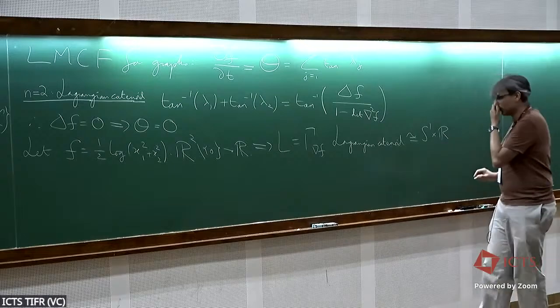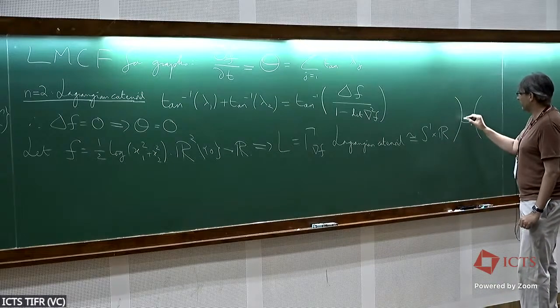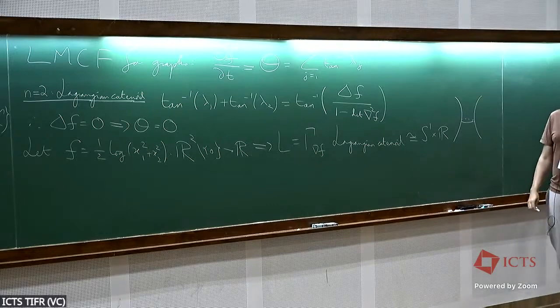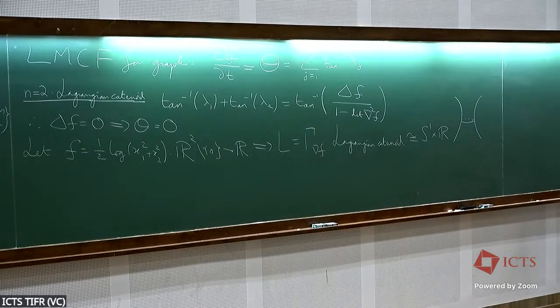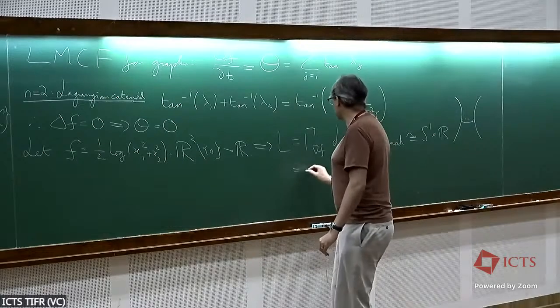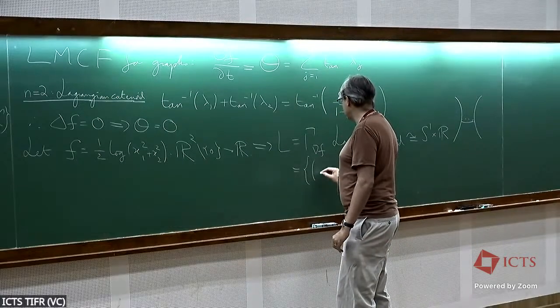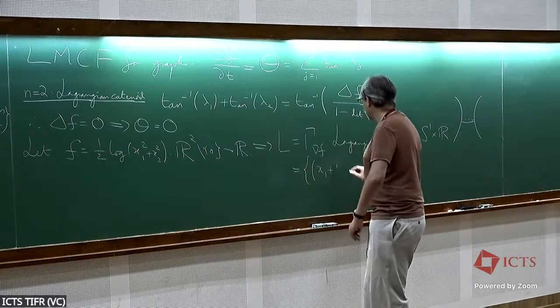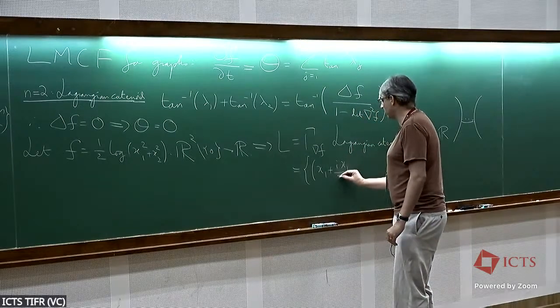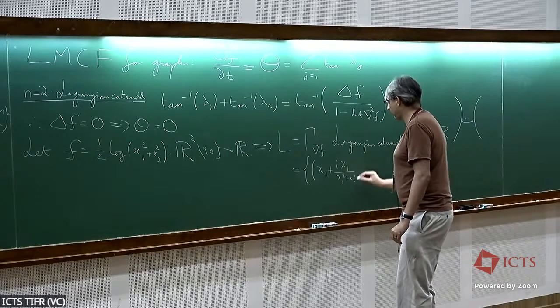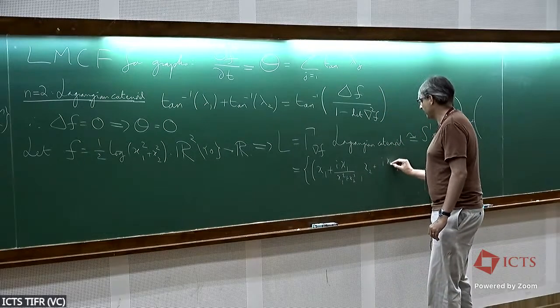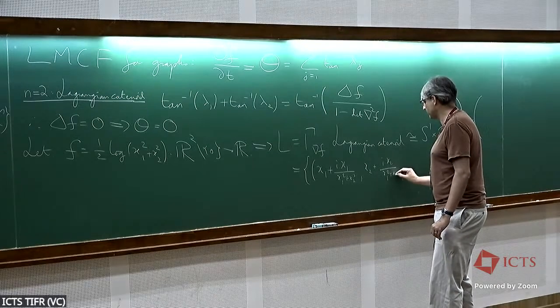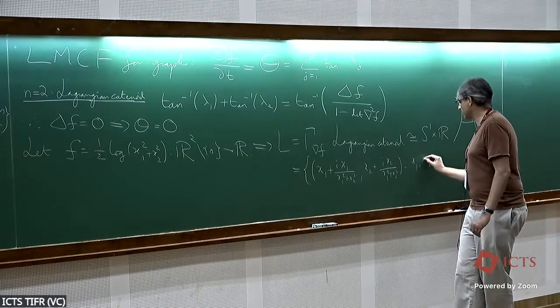You can think of that as S1 cross R, so you can think of it, again, as a hyperboloid, as you normally do for a catenoid. And one thing you know about the usual catenoid is that it has planar ends. So does this have planar ends? Well, let's just be explicit. It's going to be x1 plus i x1 over x1 squared plus x2 squared, and x2 plus i x2 over x1 squared plus x2 squared, such that x1 and x2 is in R2 minus 0.